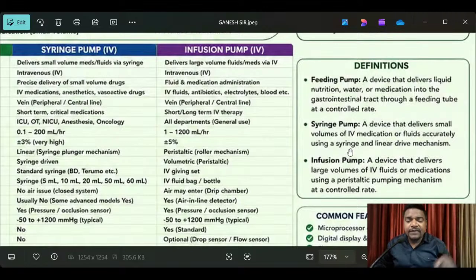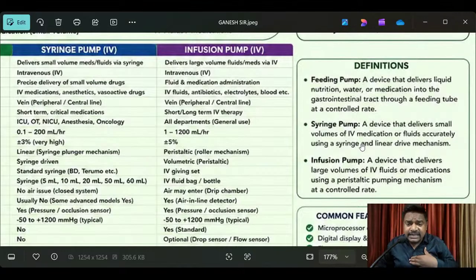Next, syringe pump. This is also ICU equipment, used for medications. For example, some high doses will be there. The doctor will decide what doses and what medicines, because that is the doctor's terminology.